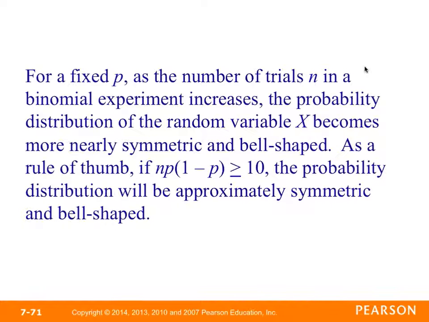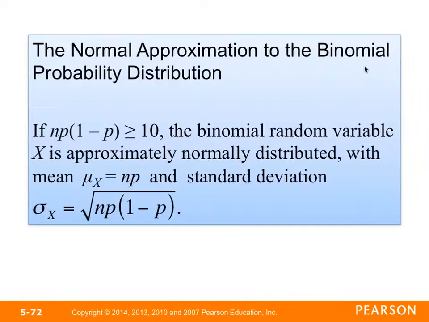So for a fixed p, as the number of trials n in a probability experiment increases, meaning we have more and more observations, then the probability distribution of the random variable x becomes more nearly symmetric and bell-shaped. As a rule of thumb, we say that if n, our number of observations, times p, our probability, times 1 minus p is at least 10, so greater than or equal to 10, then the probability distribution is going to be approximately symmetric and bell-shaped.